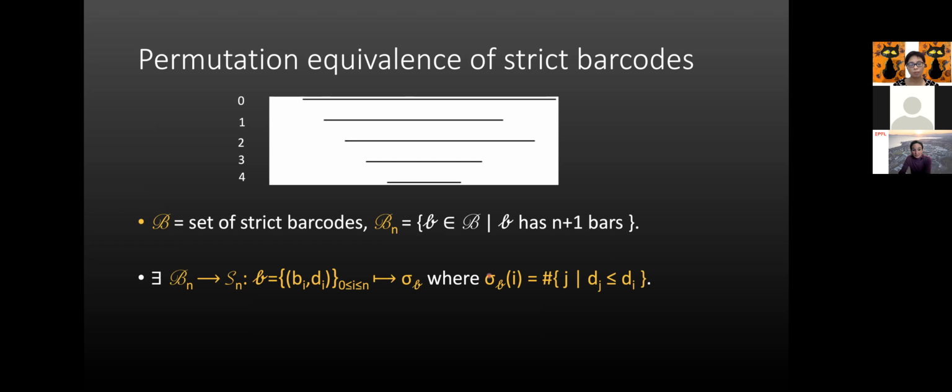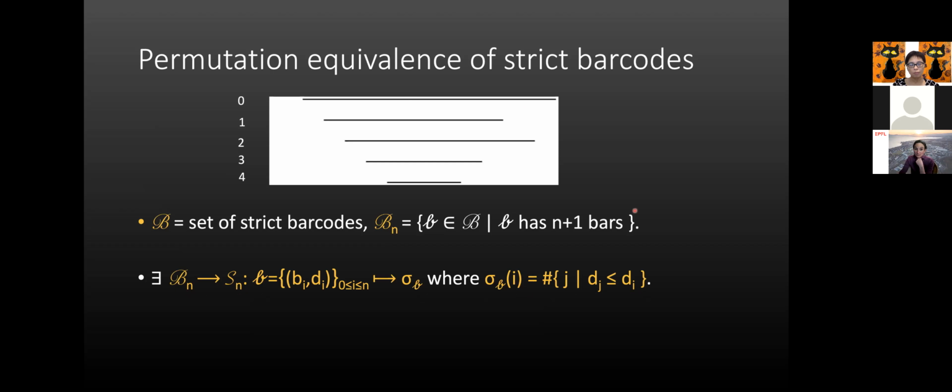And so there is a fairly obvious function from the set of strict barcodes with n+1 bars to the symmetric group on n letters that takes a barcode to a permutation sigma_b, where sigma_b evaluated on i is just the number of j for which d_j is less than or equal to d_i. So it's telling you what the order of the death times is.